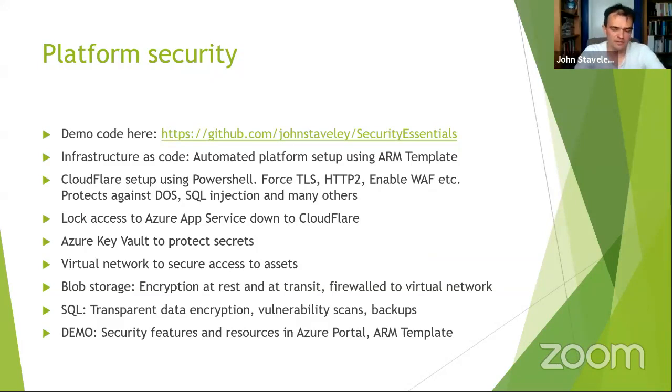But we set up a template that's got this already. So you've got something that's best of class. You can just steal and reuse and get a better baseline of security. With SQL Azure, you've got transparent data encryption, automated vulnerability scans once a week, automated backups for that availability component.